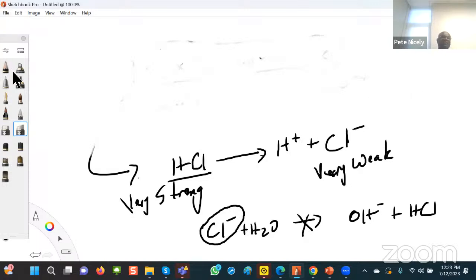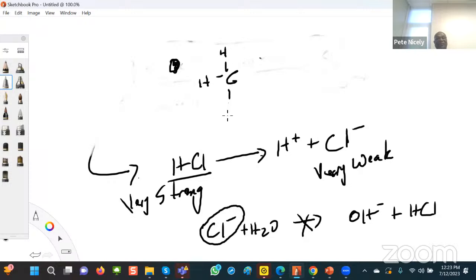Okay, this one is a bit unusual, and that's because I can't think of a better example, but this one is from organic chemistry.